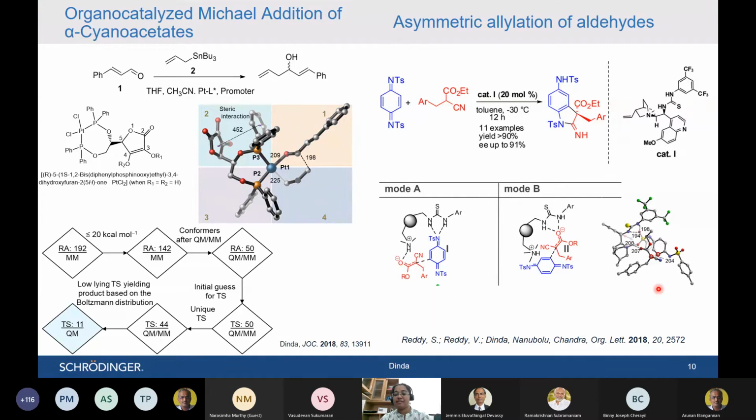And the transition state involved multiple hydrogen bonding, so I had to struggle a lot to find out which would be the most reliable or stable intermediates. And as we know that it's an enantiomeric excess, so we have both Re face and Si face analysis, and finally with the Boltzmann distribution we came to the conclusion whether R or S will be the major product.